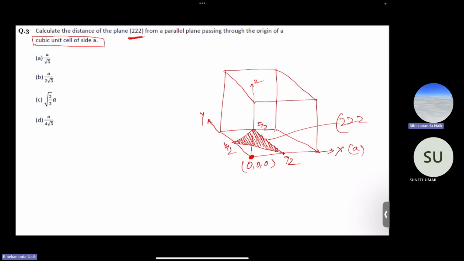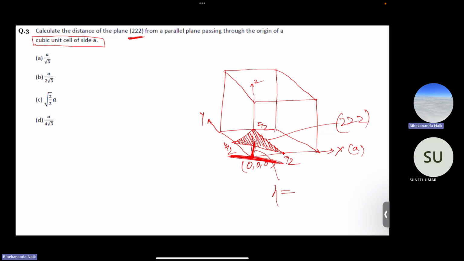So there is a certain distance between these two planes, and that another plane passes through this point 0, 0, 0, that is the origin. So if you draw a normal to this plane, this is the distance d.